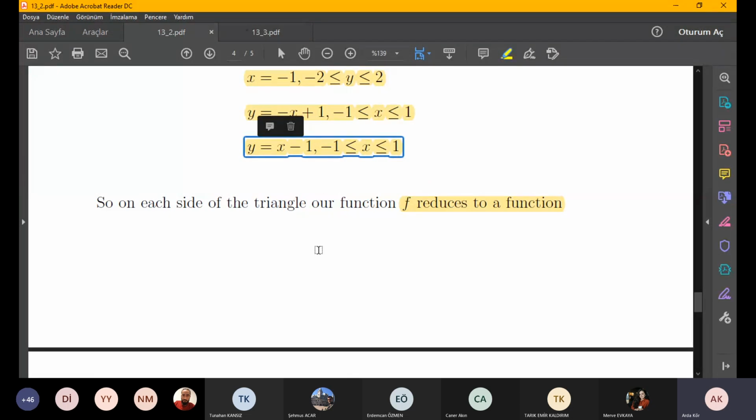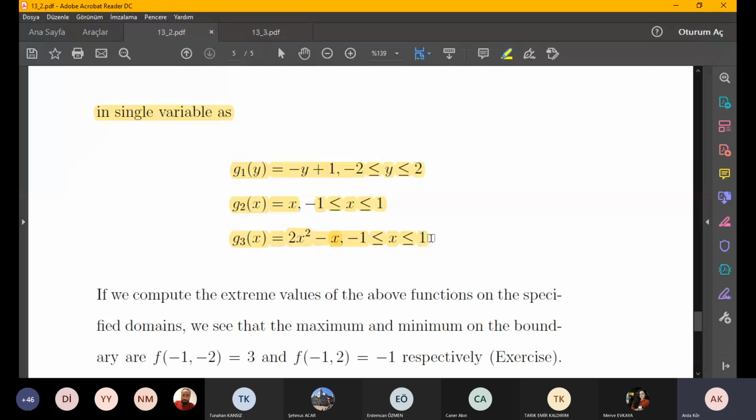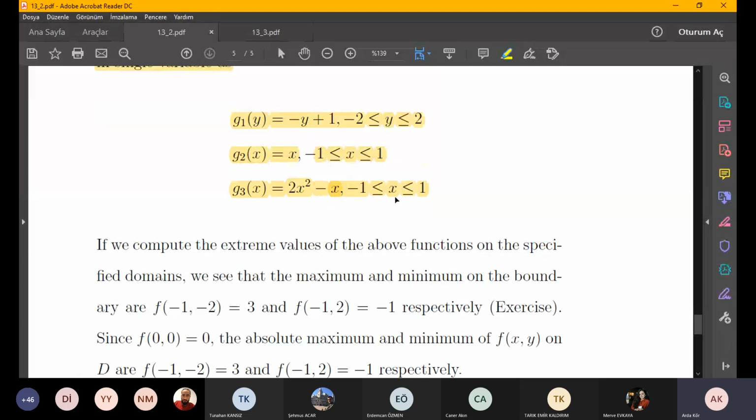So here, as you can see, it now becomes an extreme value problem on one variable functions. So we can compute the extreme values of the above functions on their specific domains, and those are the domains of the functions. This is for the first one, the closed interval -2, 2.